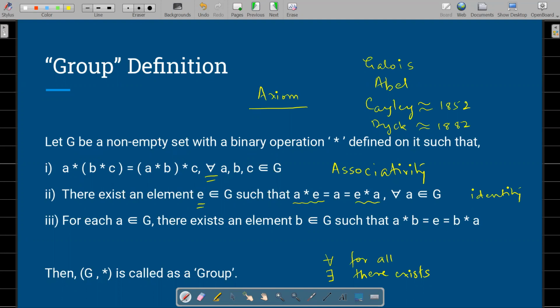So by definition, identity commutes with every element, and even the inverse of an element. So this is called the inverse of A. So inverse commutes by definition.